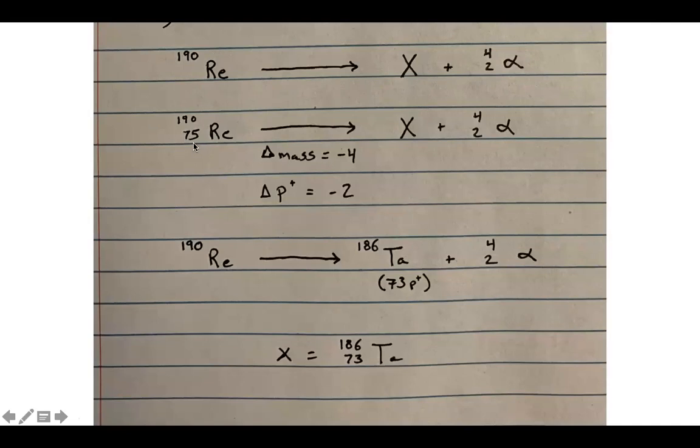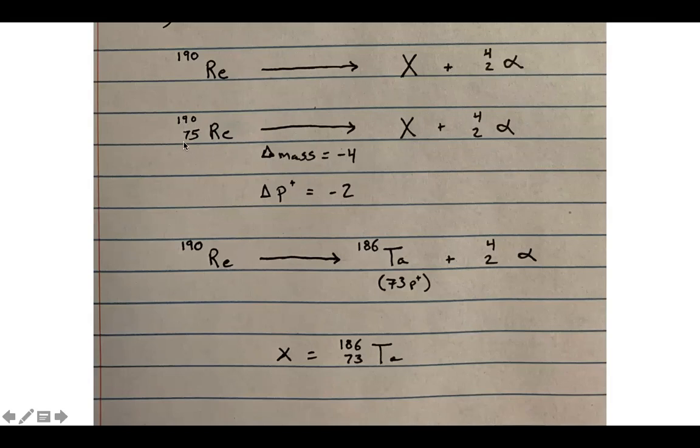Now because during this transition we underwent alpha decay, my X compared to Re is going to lose a mass equal to 4, and it's going to lose 2 protons, because that shows up as the alpha particle that is lost. So if my original mass for Re had a mass of 190, then the mass of X has to be 4 less than that, which would be 186.